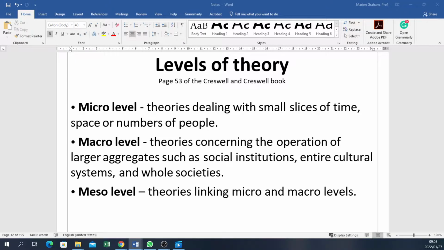So an example for micro level would be working with the individual, with small groups of people. So who are these people? In an educational context on micro level, you might be working with teachers, school administrators, or learners. That would be the micro level.